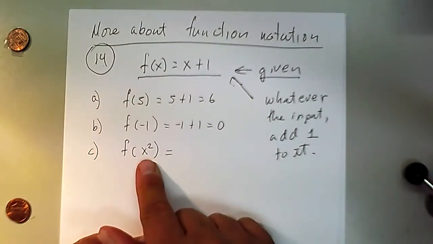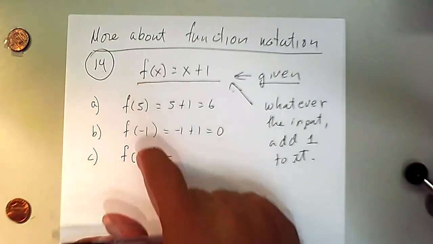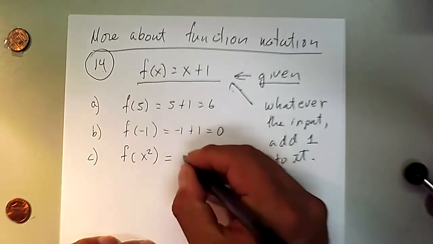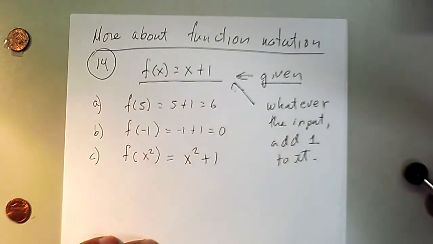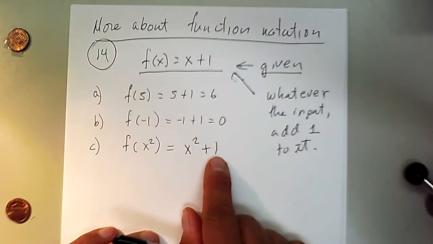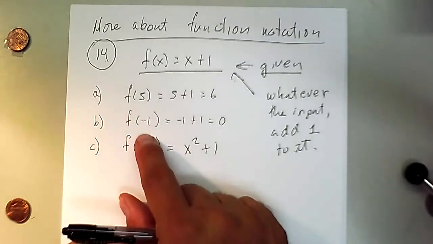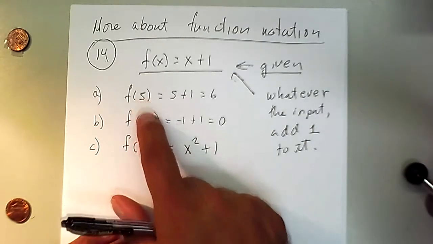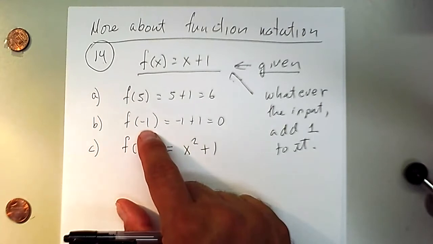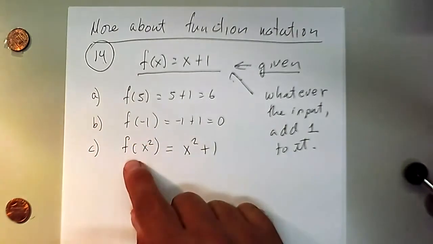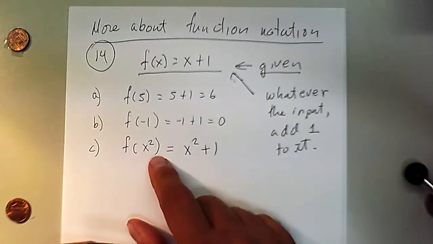So in this case, the input of this f function is x squared. Add 1 to it. There you go. Whoa. Add 1 to whatever the input is. See, when you plug in numbers, no problem. That's beginning algebra. But plugging those in is more like a college algebra kind of problem.